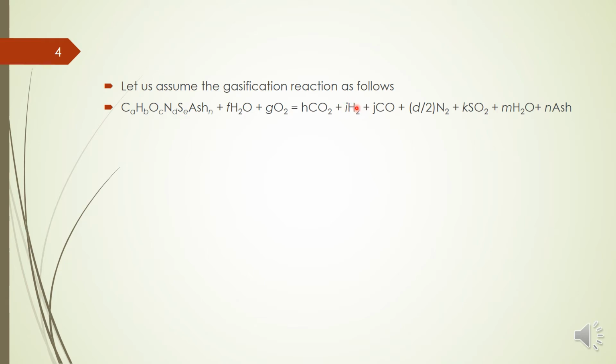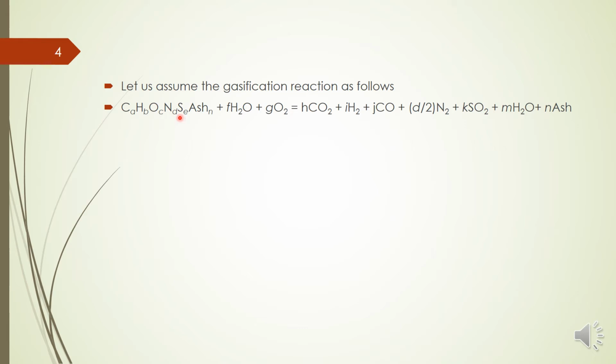Similarly hydrogen will also be present, but in combustion we do not have any hydrogen, we have only water vapor in that case. And sulfur is present, so sulfur dioxide will be there. If sulfur is not present in biomass, this will not be there. So like that we can write the equation, and in this we are assuming nitrogen as inert.